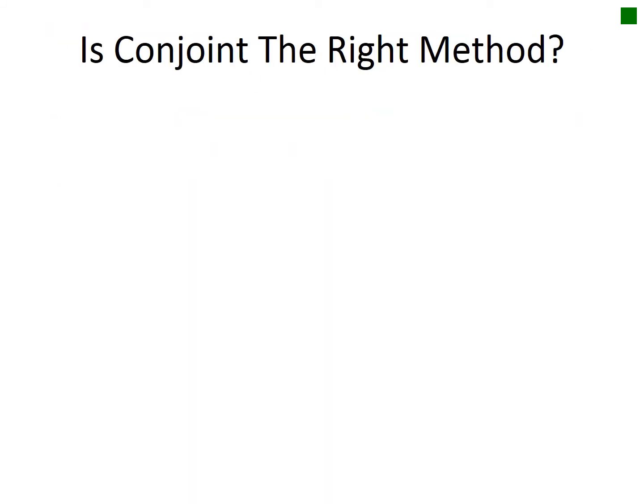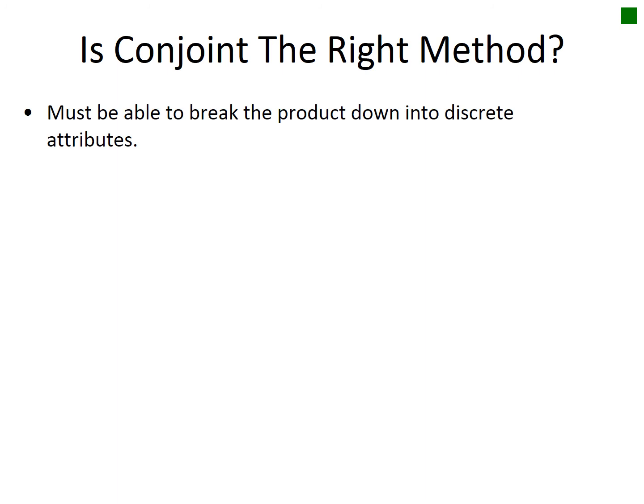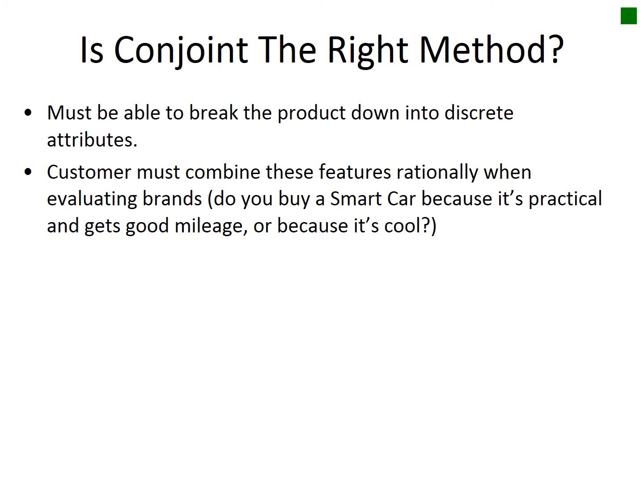Okay, so some key points wrapping up here, this idea of conjoint analysis. You have to be able to break down a product into specific attributes that can be measured and identified. We want to be able to combine different features. So the customer needs to be able to distinguish different features that different products have.